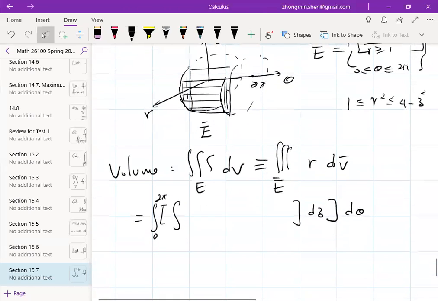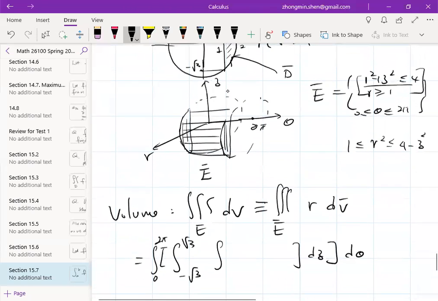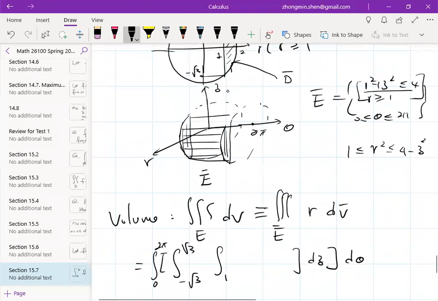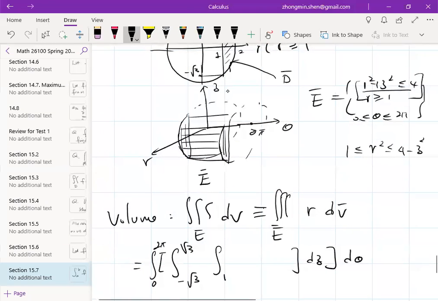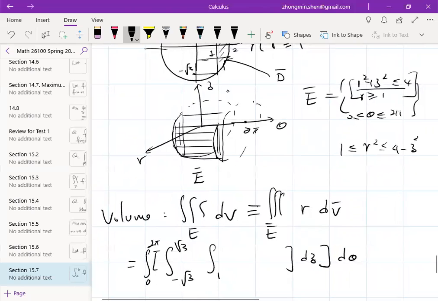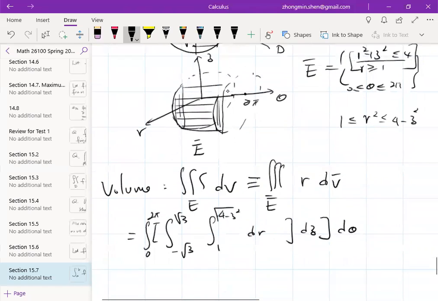Then R is between 1 and the number determined by Z, which is going to be the square root of 4 minus Z squared. And here's dr. Okay, this is one possible way.